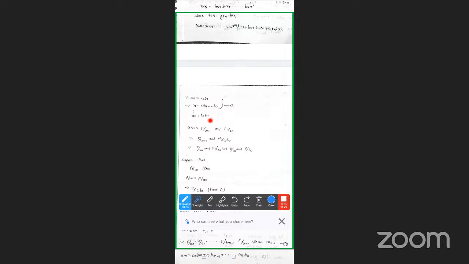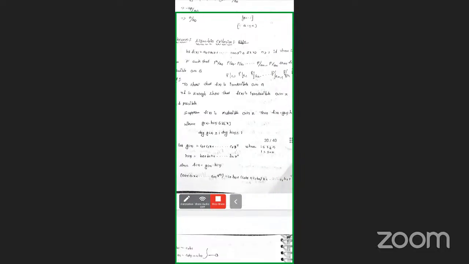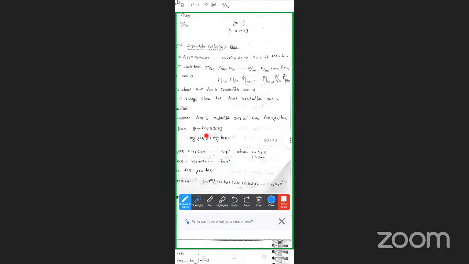So using the condition given: p divides a naught, p divides a1, p divides a2, up to p divides a n minus 1, p does not divide an, and p square does not divide a naught.